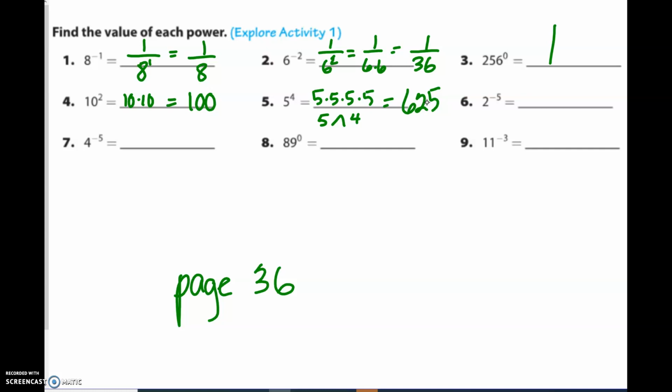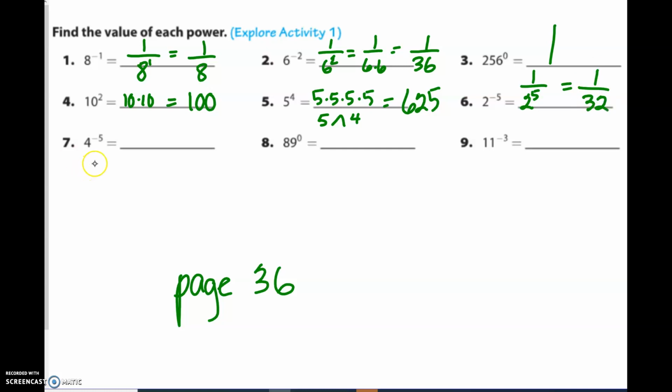Now looking at number 6, we have that negative exponent, so we're going to write it as 1 over 2, and remember that's a negative 5, and when I rewrite it, it becomes a positive exponent. So right now, grab your calculator, because remember that's 2 caret 5, and so we're going to get 1 over 32.